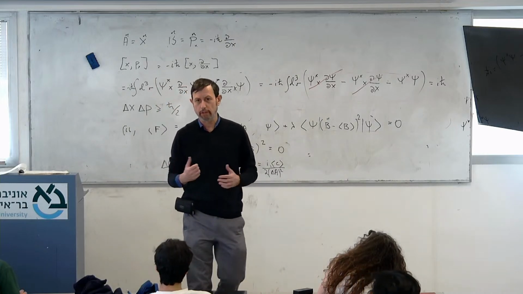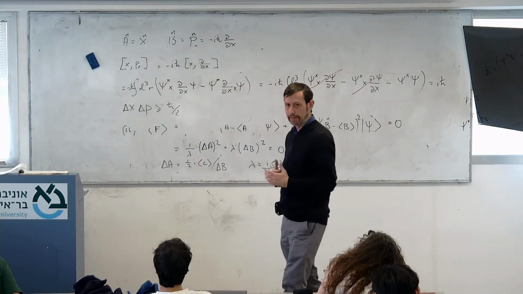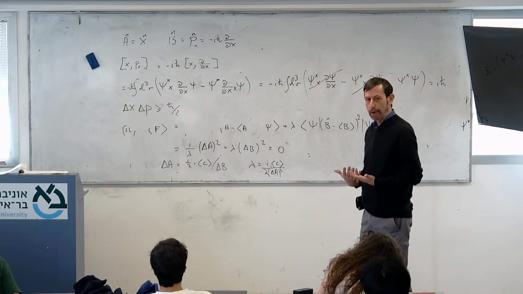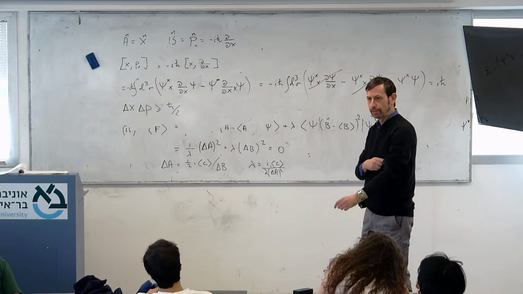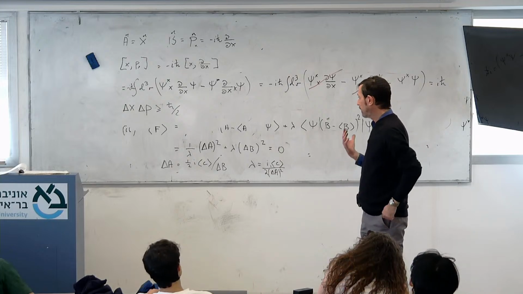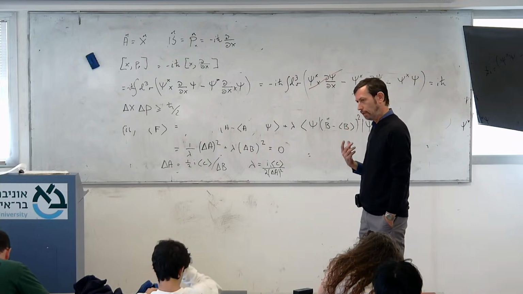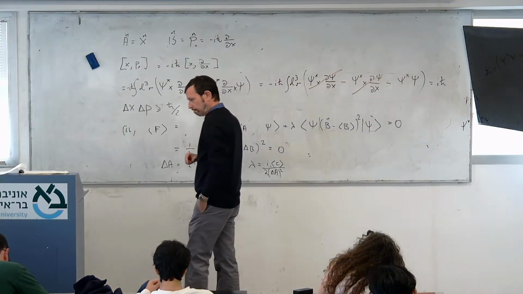It's equal or larger. Now we're trying to find a wave function for which this uncertainty is exactly equal to h bar over 2.